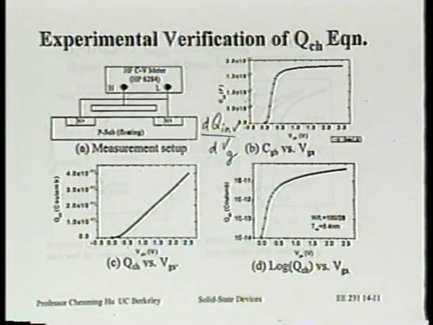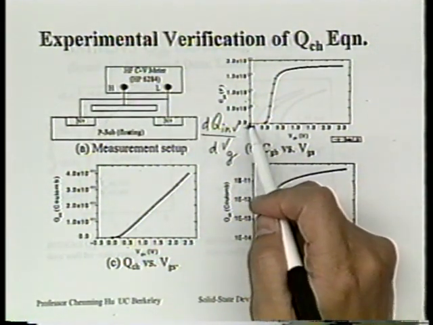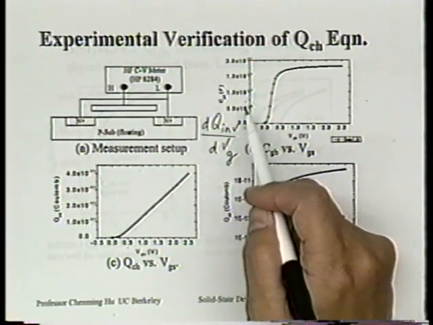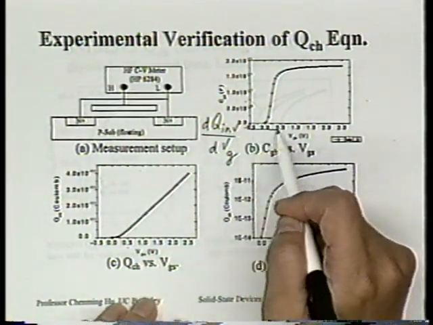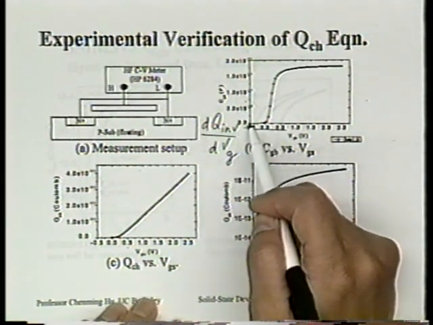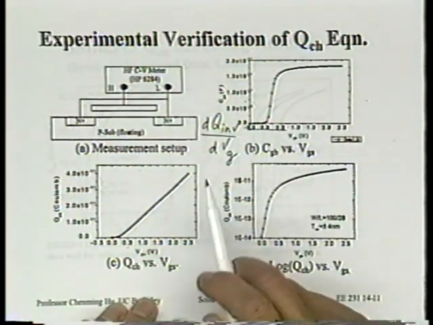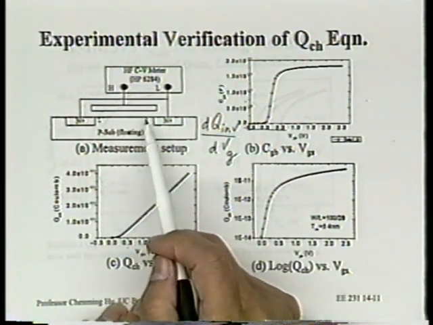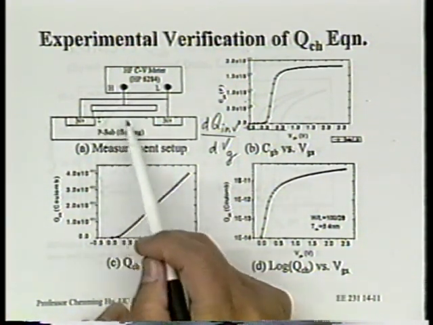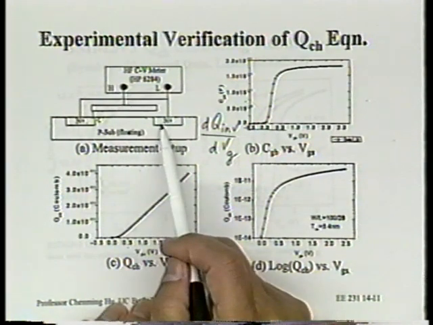Now, how did we manage to get rid of the overlap capacitance? It's very simple. It has to do with this vertical coordinate. We'll put a 0 here. The raw data actually would have the 0 somewhere here. In other words, this thing is going to saturate to a constant, because once you get into depletion, the only capacitance you see between the gate and the source and drain is the overlap.